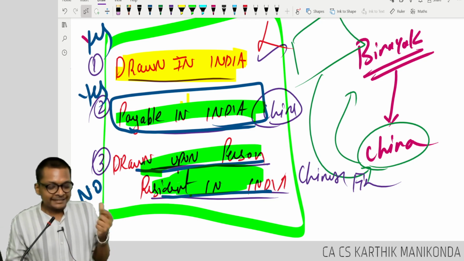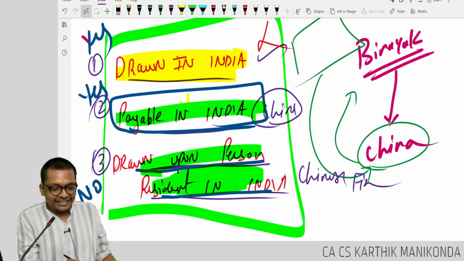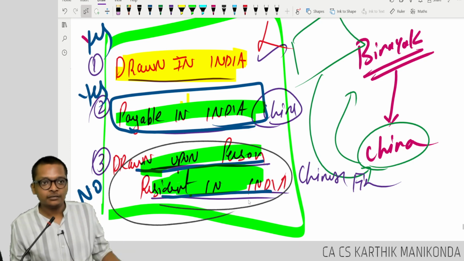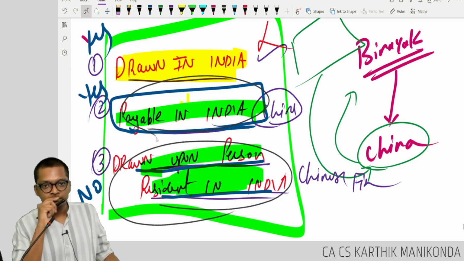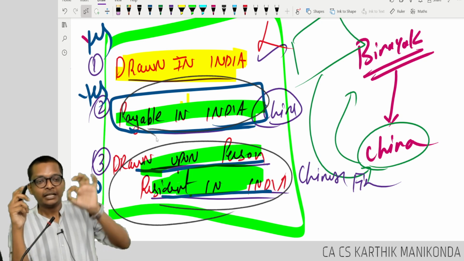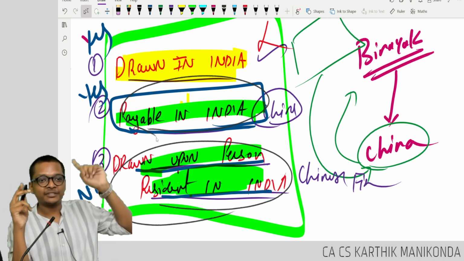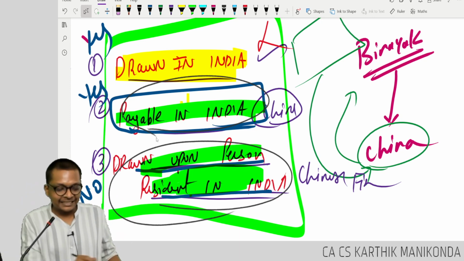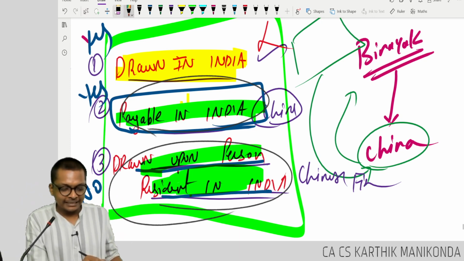Outside India. Is it drawn upon a person resident in India? Yes, Rohit Sharma is resident in India. Where is it payable? Depends where Rohit Sharma is going to encash the check. If he puts it in a US bank, now it becomes a foreign instrument. If he comes to India, then it becomes an inland instrument.